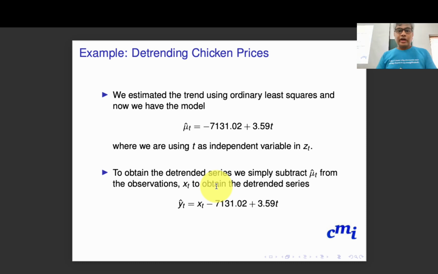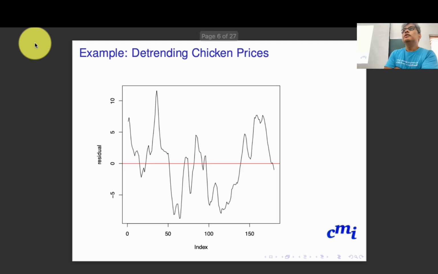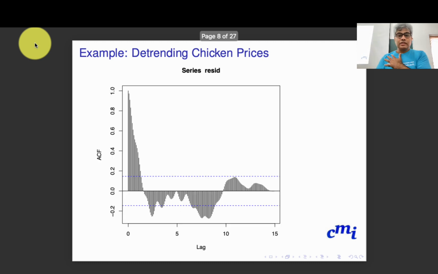So this is what I have just explained. You plug in the numbers for mu t hat, and yt hat is nothing but xt minus whatever mu t hat you have. That will give you yt hat. So we have discussed all these things. This was the series that we discussed, and this is the autocorrelation function of the series.